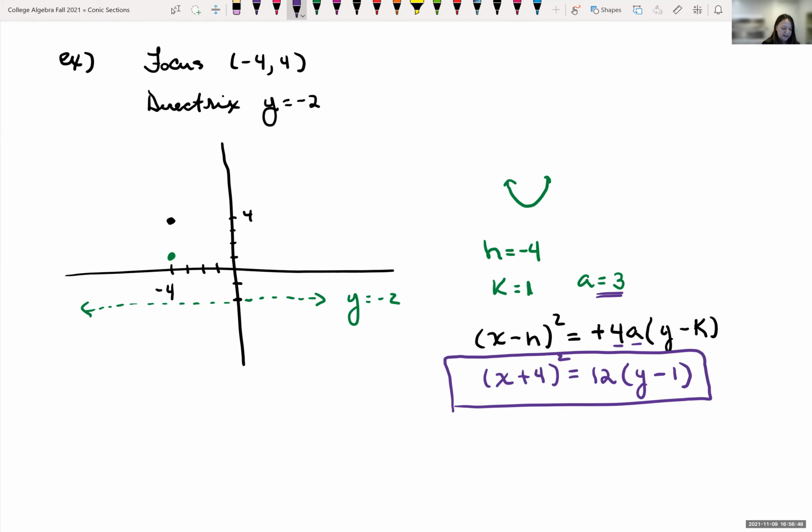Okay, so we want to find these 2 points that go through the focus and that the parabola goes through. And so think about what we know here. We know that those 2 points that the parabola is going through that we want to find are when y is 4. So let's let y equal 4 and solve for x.